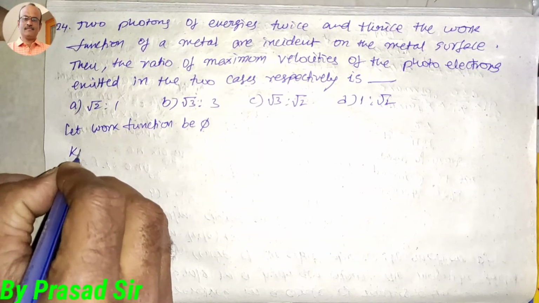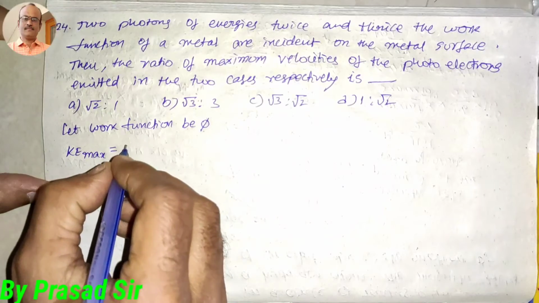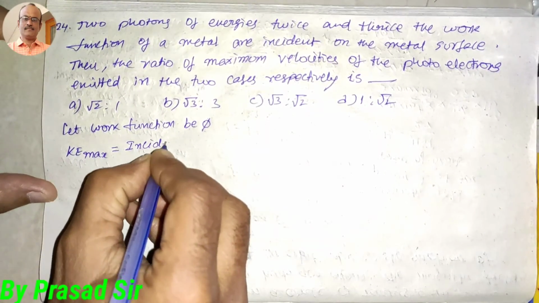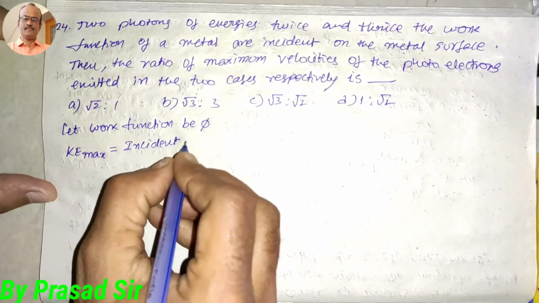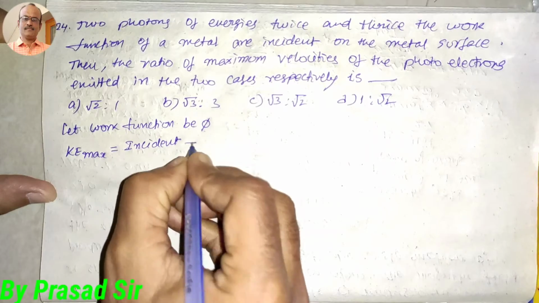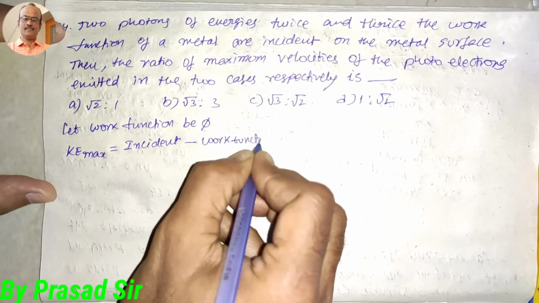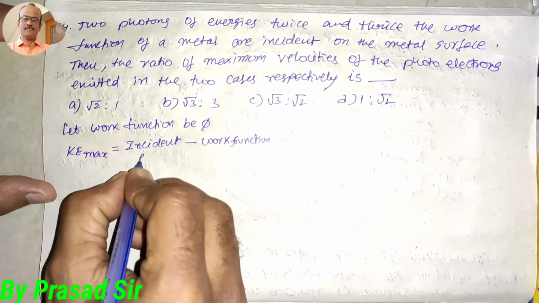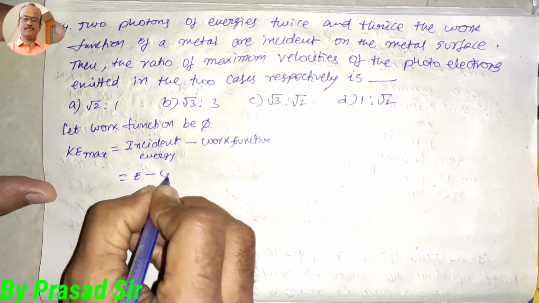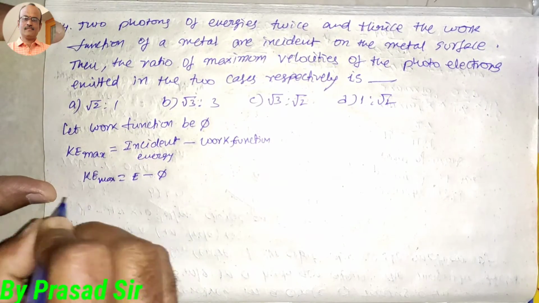Here the maximum kinetic energy is equal to incident energy minus work function, that is E minus phi.